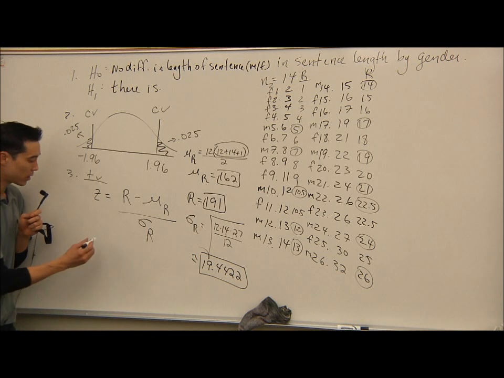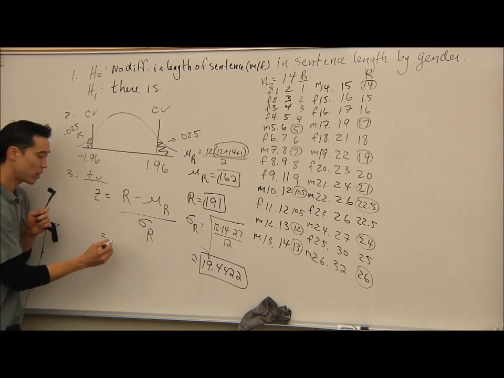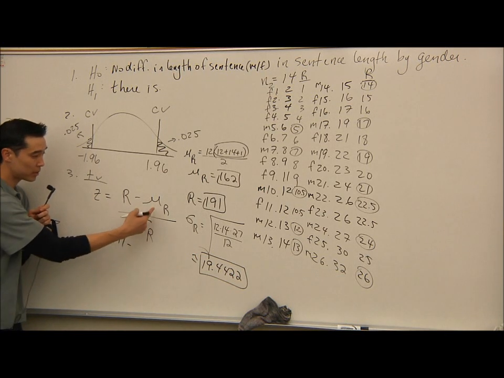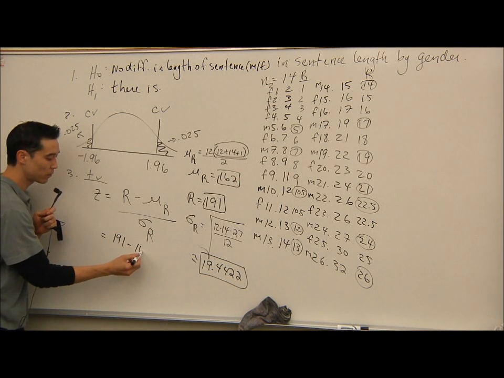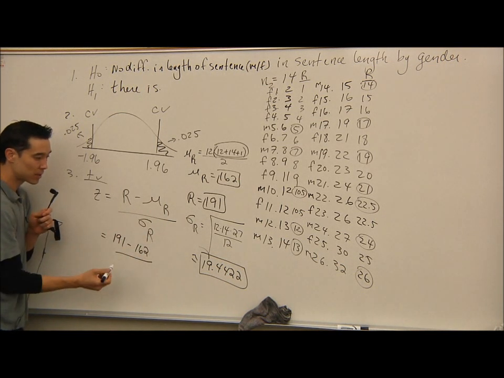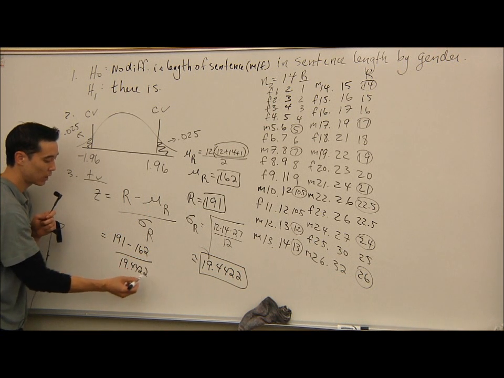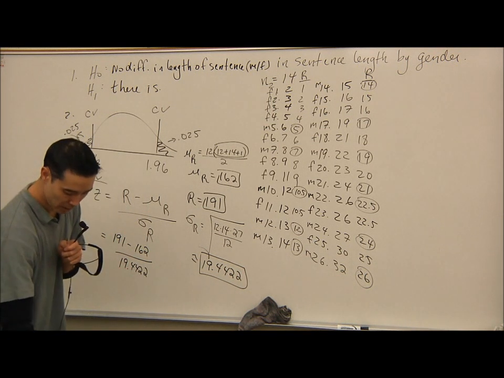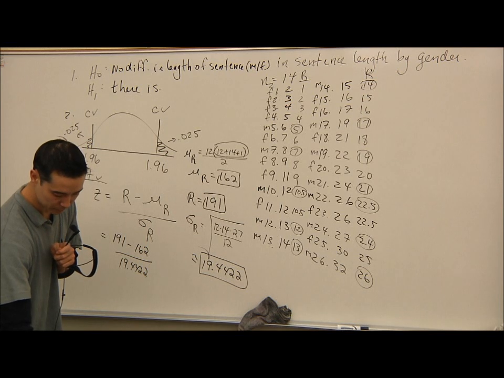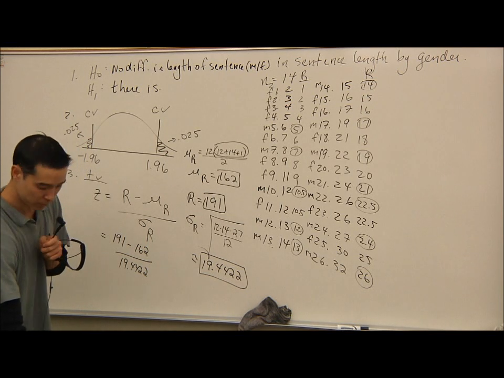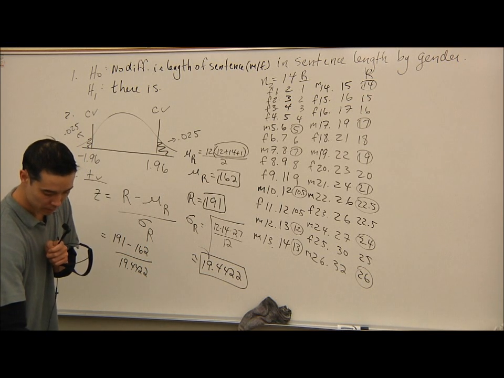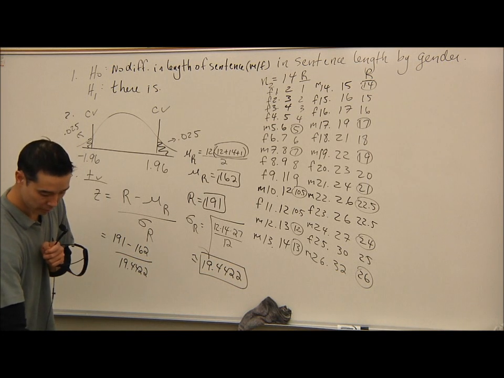So here we go. We're ready to go. Z equals R, 191, minus mu sub R, 162, divided by sigma sub R, 19.4422. And let's see what we get for that. 191 minus 162, enter, divided by 19.4422.